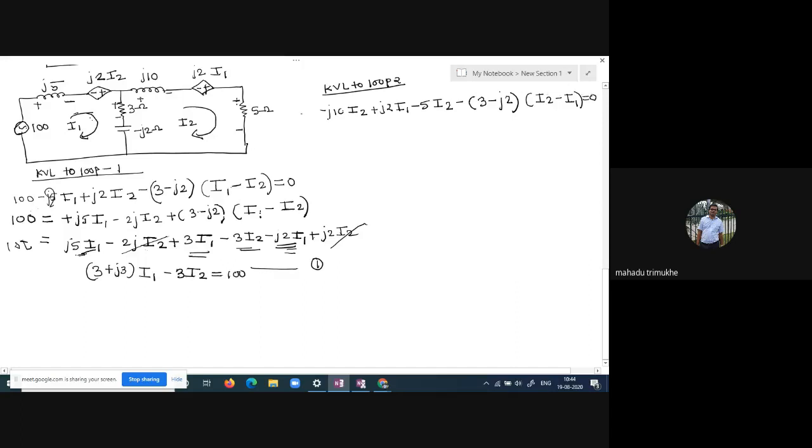Okay, now you have to simplify these equations. Again, if you want to take it outside equal to 0, then what does minus become? Plus. Then again you simplify this equation.